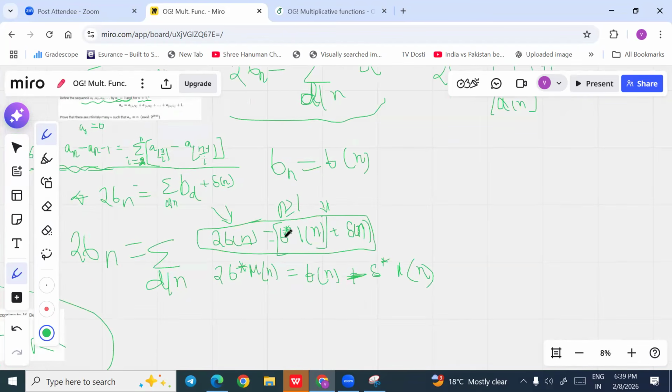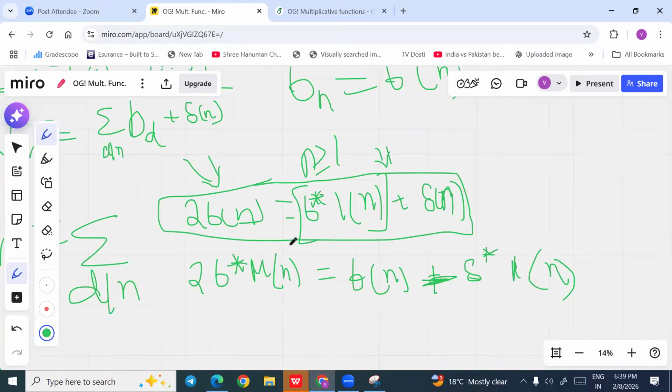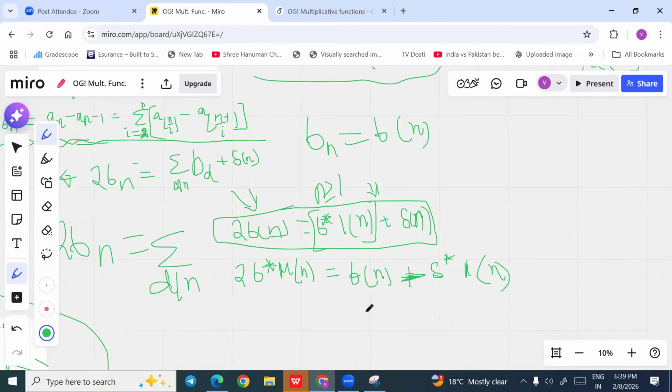Now what to do? Now we'll be using the Dirichlet convolution, Mobius inversion, I mean. So we'll be using Mobius inversion. So after just convolving both sides with Mobius, you'll get this.